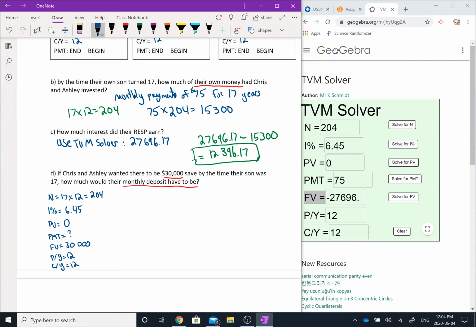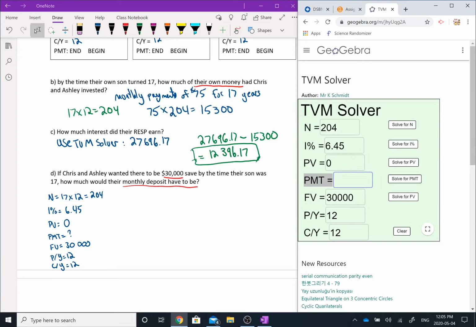And then once we figure this out, we just go to our TVM solver. The only thing we have to change here is our FV to make it 30,000. We're going to change our PMT to just 0. And now, instead of solve for FV, we're going to click solve for PMT. And we get 81.24.